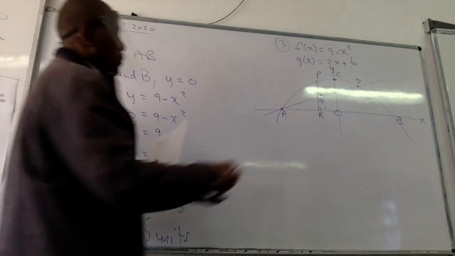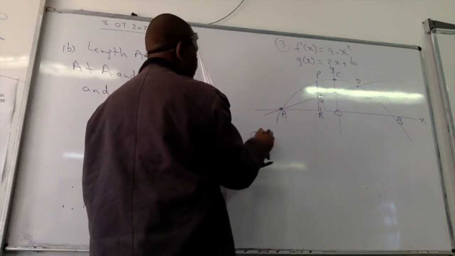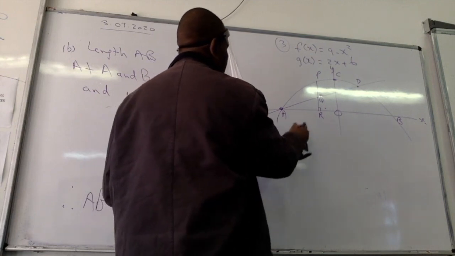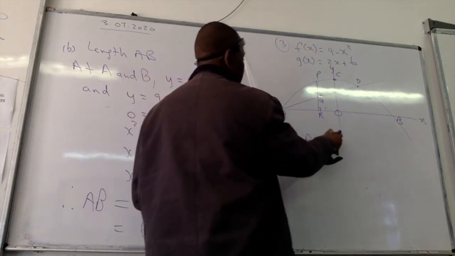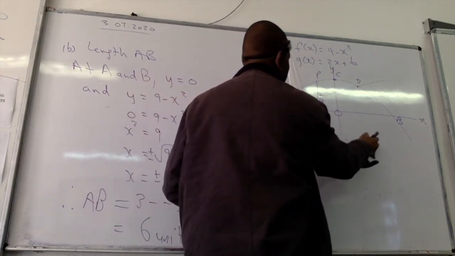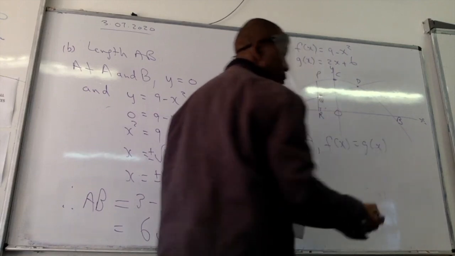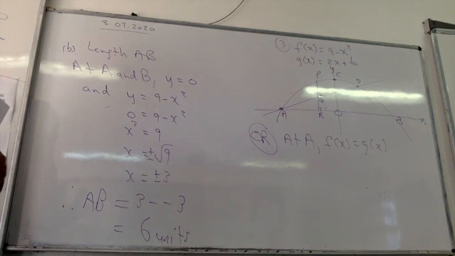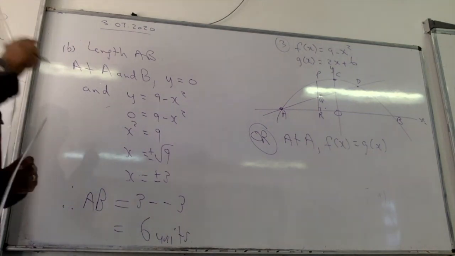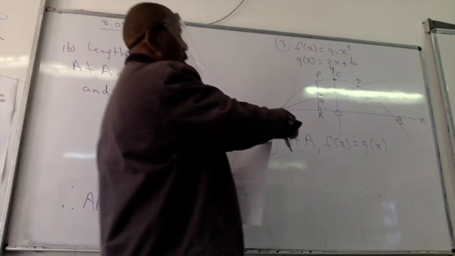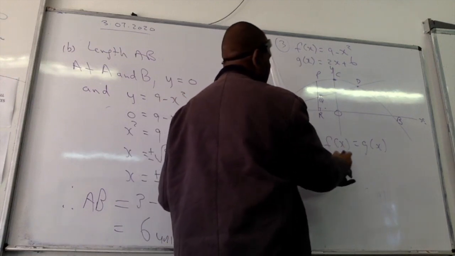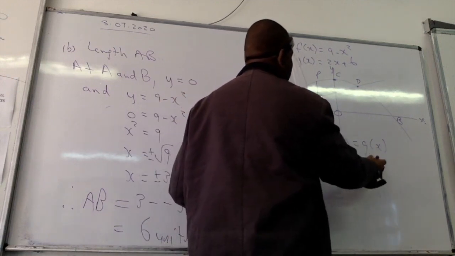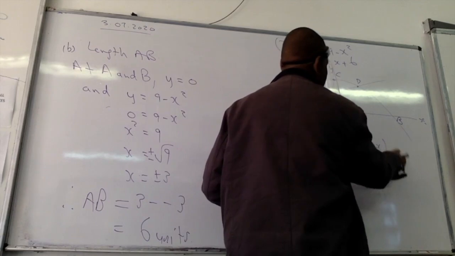Point A, this is just another way. At point A, the two functions actually have the same values. So at A, f of x is equal to g of x, right? So if you are looking for A, you can solve this equation. f of x means 9 minus x squared, and g of x means 2x plus 6.